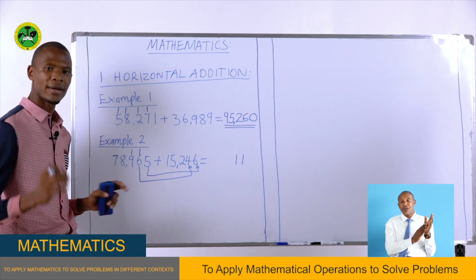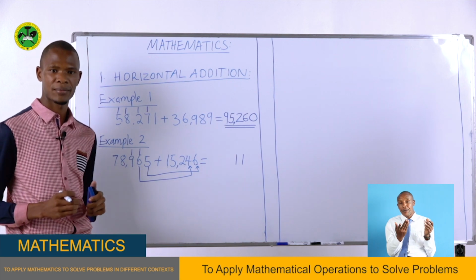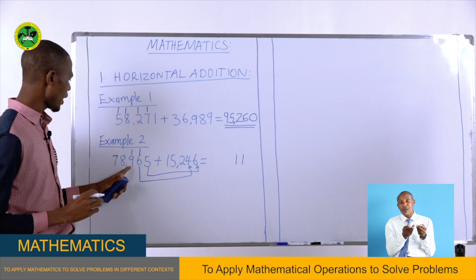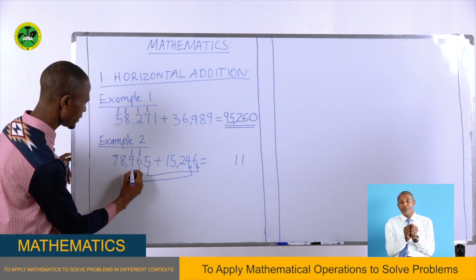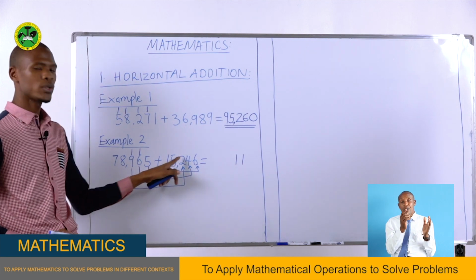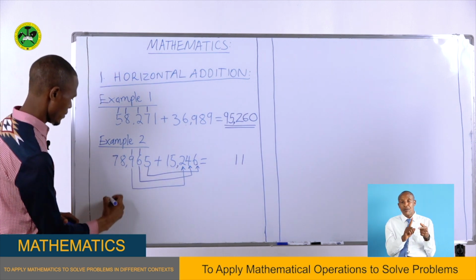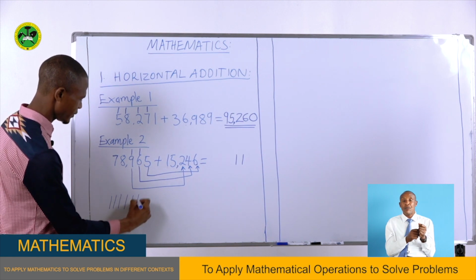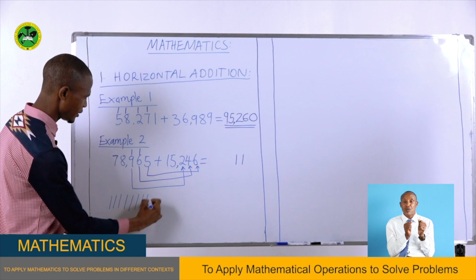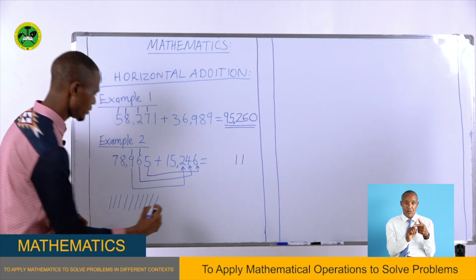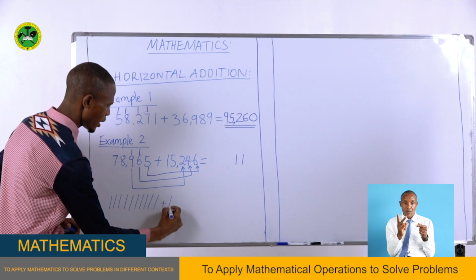What is the sum of 1 and 9? Exactly, it is 10. So now we need to count 10 tallies and then we add 2 tallies. 1, 2, 3, 4, 5, 6, 7, 8, 9, 10. Add 2 tallies. 1, 2.